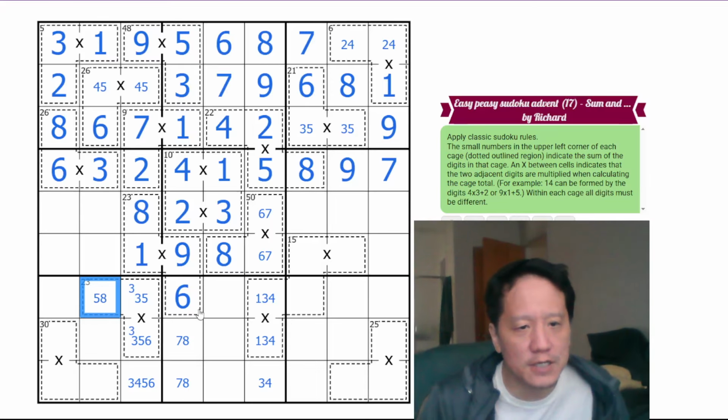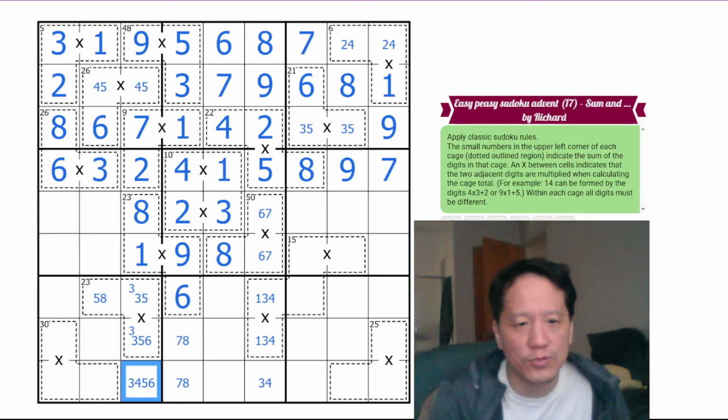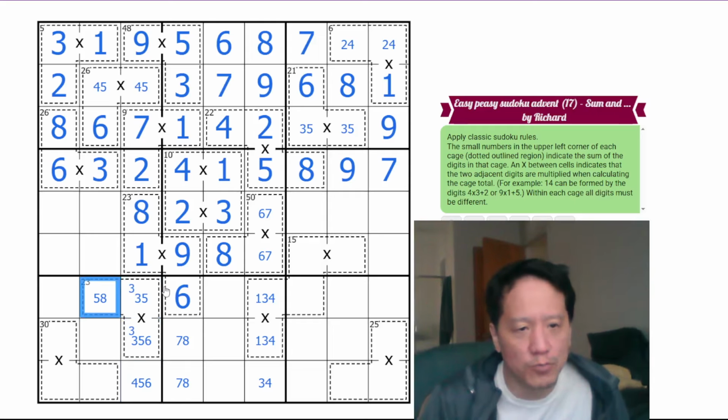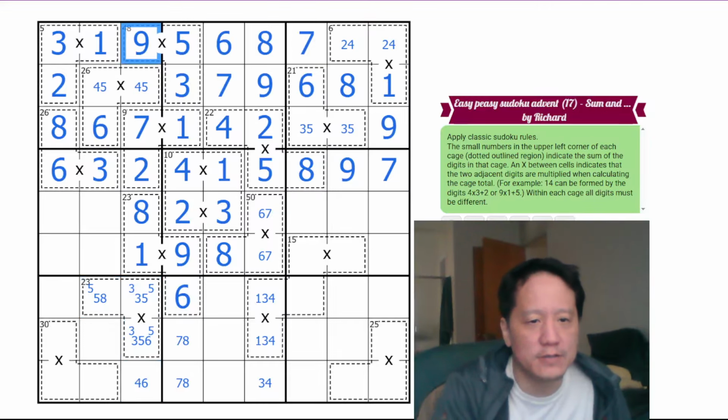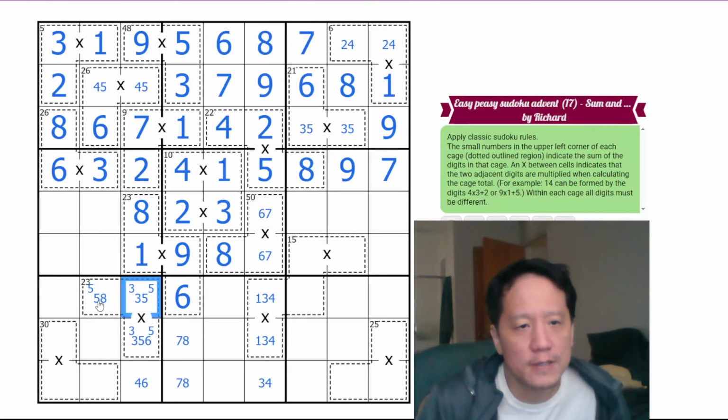So we're guaranteed a 3 here, so this can't be 3. We are also guaranteed one of these is 5, because this is either 5 plus 3 times 6, or 8 plus 3 times 5. So 5 has to be one of these digits, which means eliminates 5 in the rest of the box. What are these possibilities?